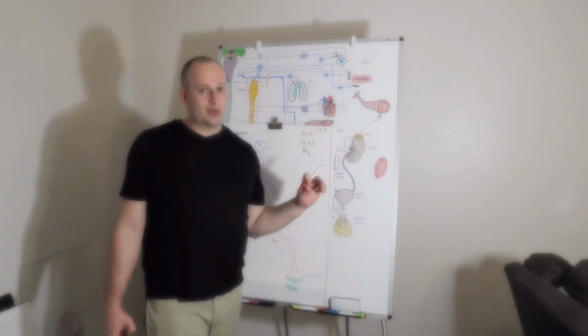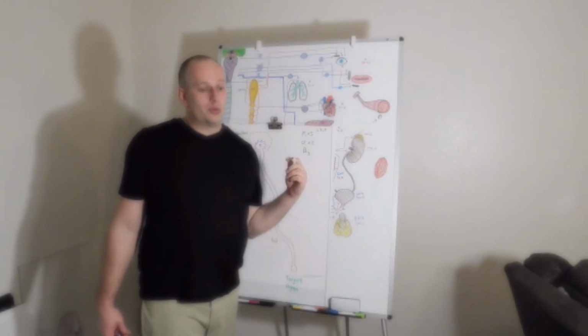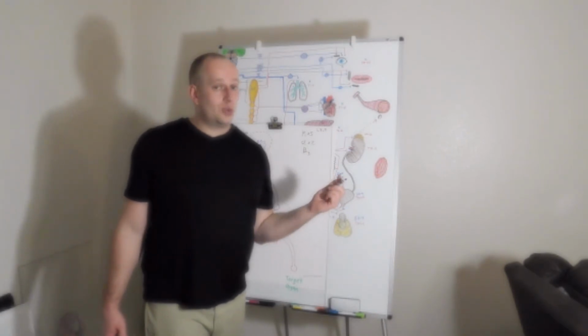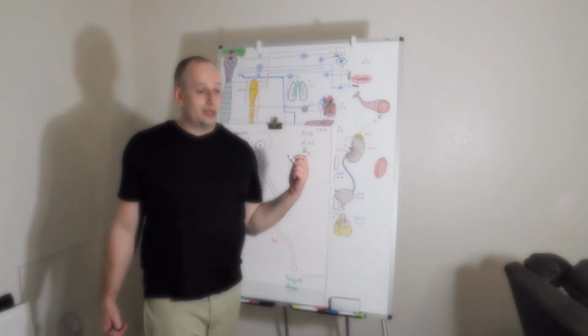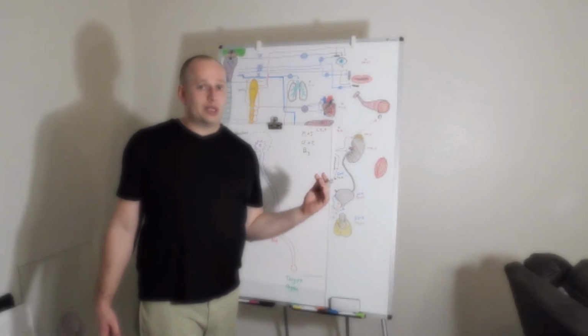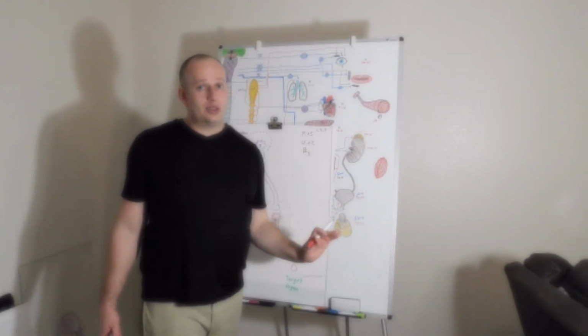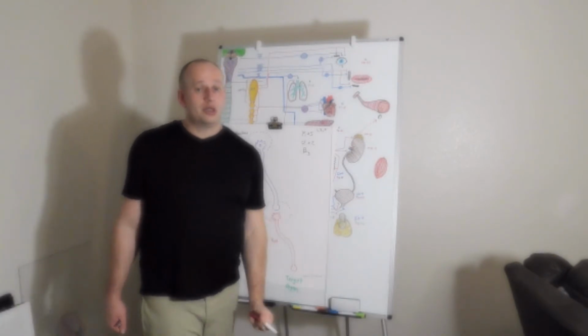That's why they call it muscarinic. It causes contraction of the smooth muscle through, I think, CaMK2, which activates myosin light chain kinase, and then activates contraction in smooth muscle.